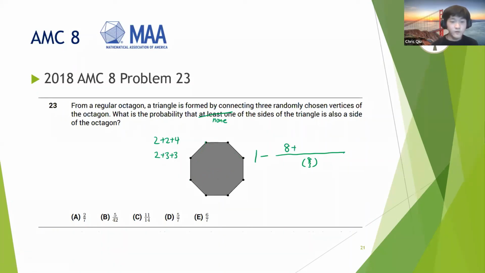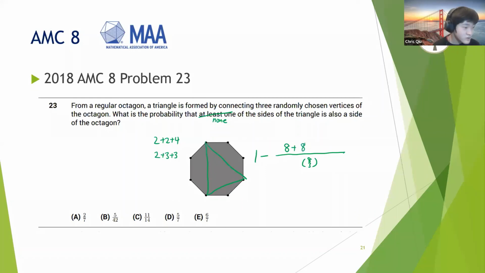And for our second case, we have a triangle that looks like this. And the number of triangles that look like this is basically the number of rotations this triangle can get. So we can rotate this triangle around the octagon similarly to how we rotated our first triangle.